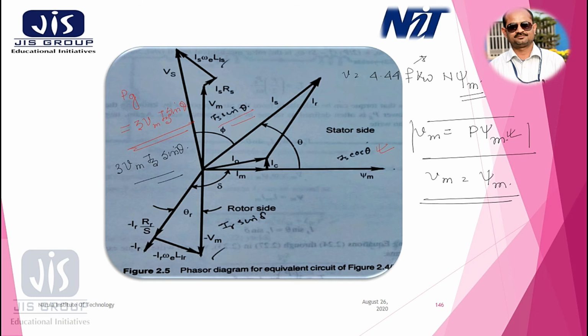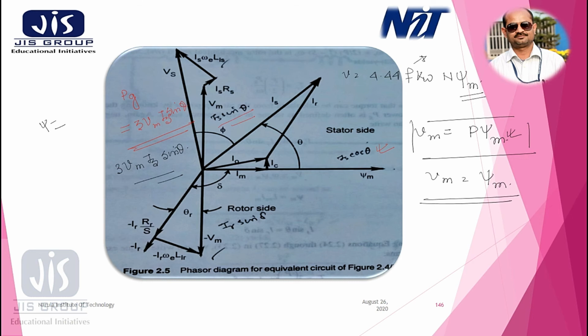Again we know that flux linkage is nothing but L times i.